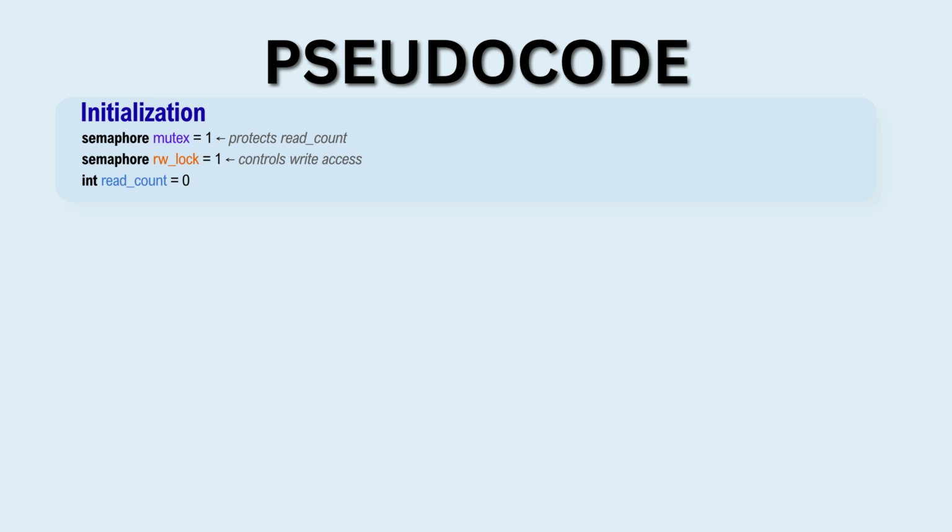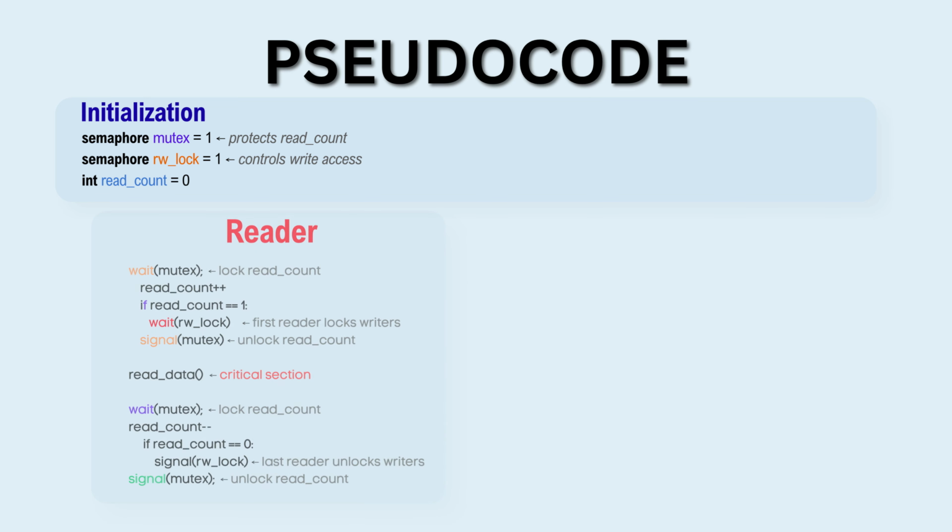Initialization: mutex starts at 1, RW lock starts at 1, read count starts at 0. Reader's logic is, first wait on mutex to lock read count, increment read count. If this is the first reader, read count equals 1, wait on RW lock to block writers.